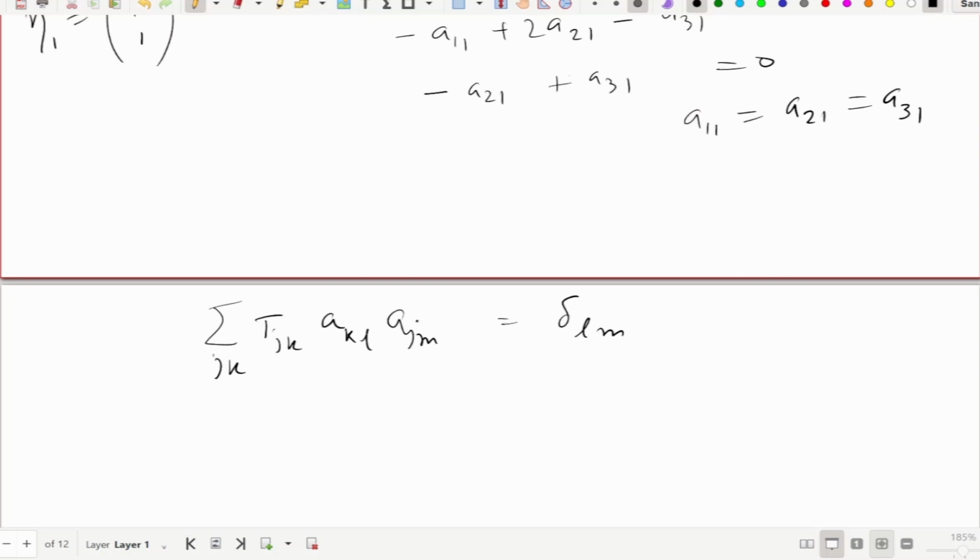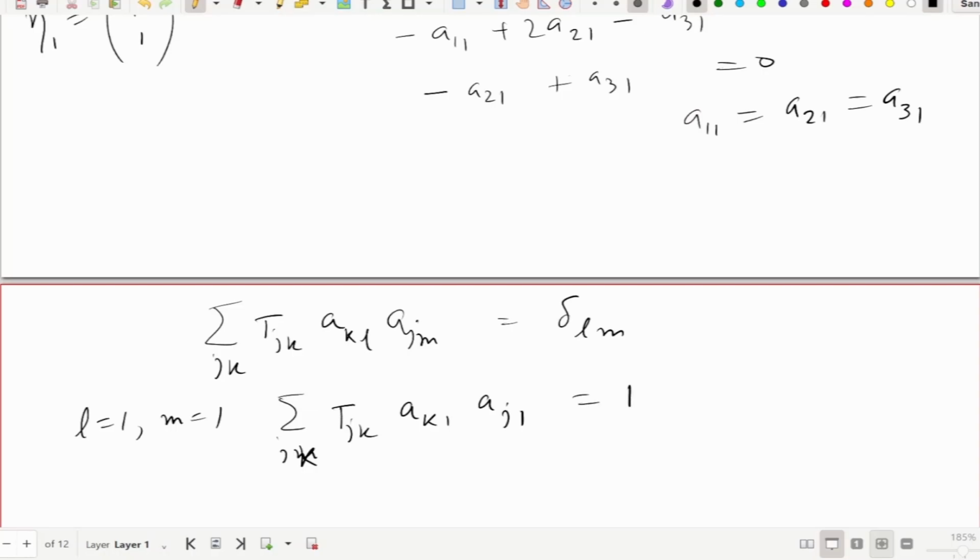So, let us consider L equal to 1 and m equal to 1 case. So, you will have sum over j, k of t j k a k 1 a j 1 equal to 1.